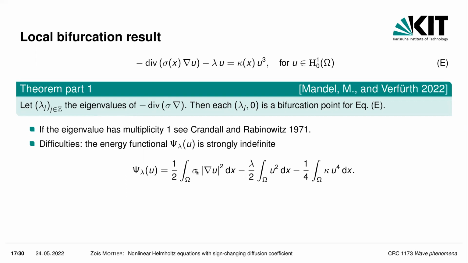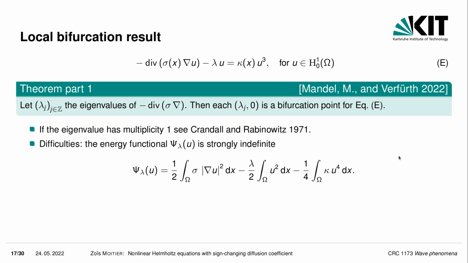Since sigma has a change of signs, that means I actually have an infinite subspace for which this part is positive, and also an infinite subspace for which this part is negative. So this is why it's strongly indefinite.